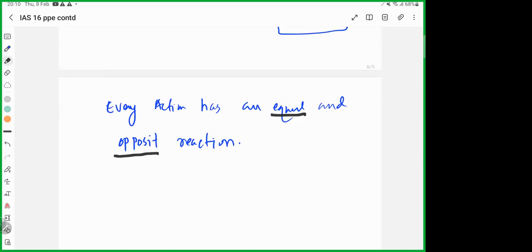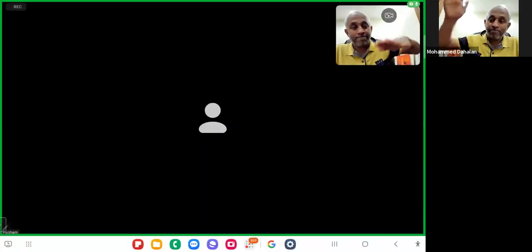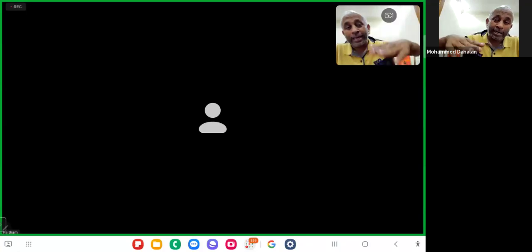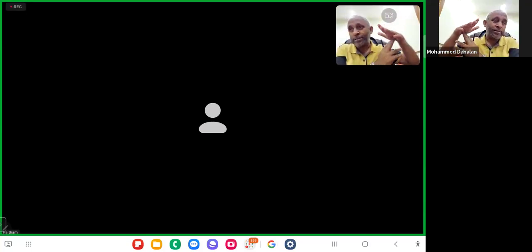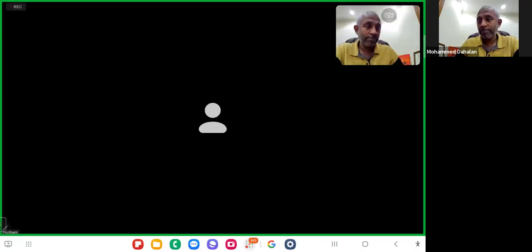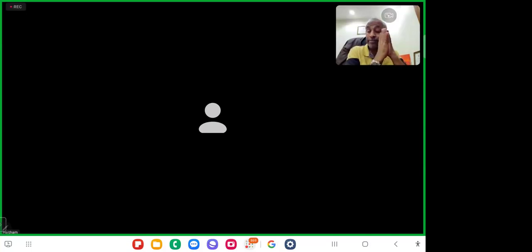Suppose in your table, you hit like this. You create a force to the table and to your hand. Do you appreciate that? Or if you clap both hands, the amount of pain will be equal in both hands. Clear?